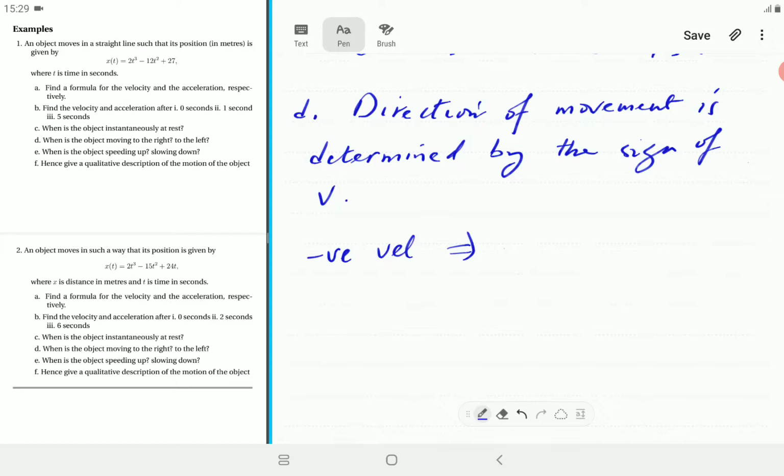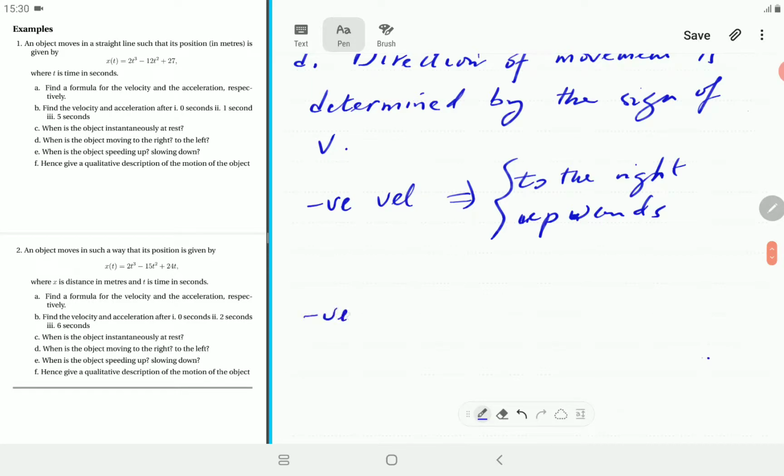So positive velocity implies movement to the right or upwards. So both of these are positive directions.